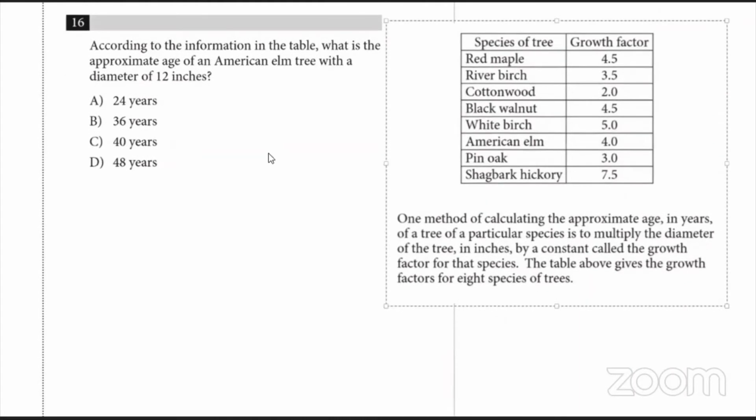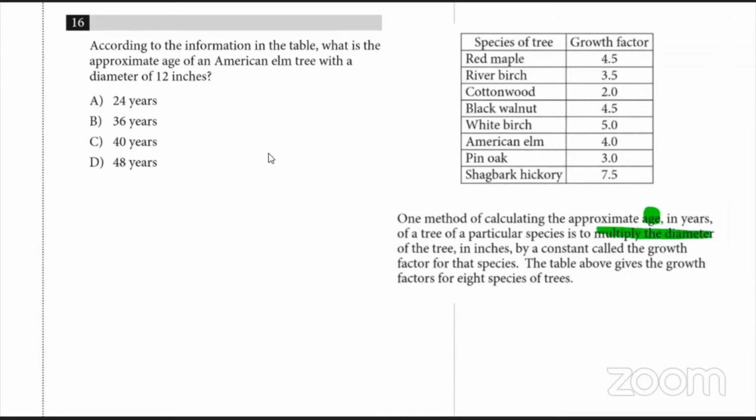Okay, so the method of calculating the age: the age comes when you multiply the diameter in inches by the growth factor. So just writing that out, age is diameter times growth factor, as long as the diameter is in inches. So let's go ahead and start using that.